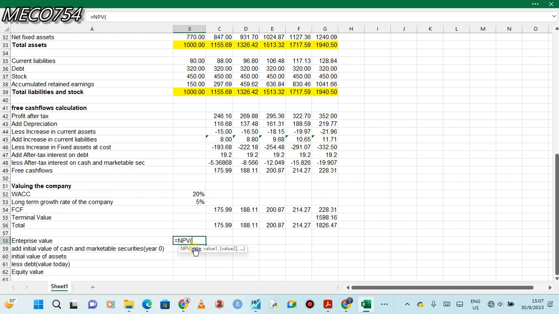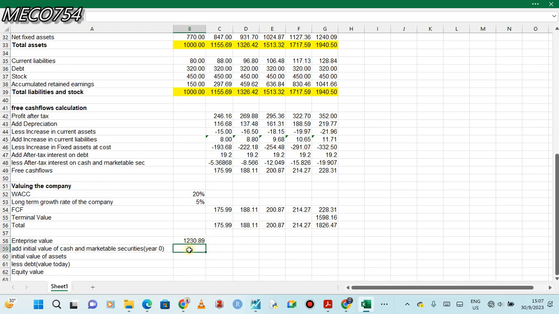What rate are we going to use? It's 20%, which is the WACC. Then you put your comma. Then you highlight all the values that you want to discount backwards. It's these values. 1230.89. That's our enterprise value.